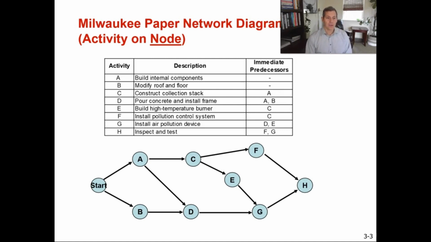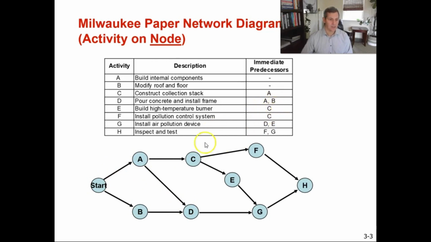So these are all the immediate predecessors for every step. Let's just jump to D, pour concrete and install the frame. Activity D cannot be done until the immediate predecessors of A and B have been completed. So for all of these activities, you can see the ones that precede each other.